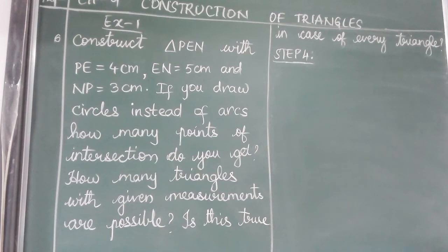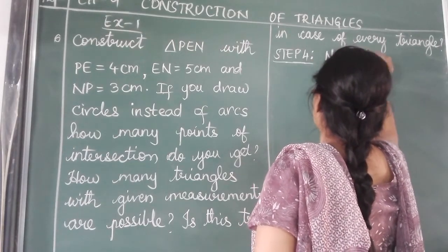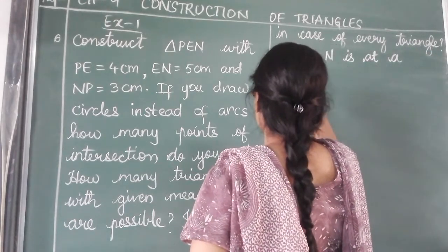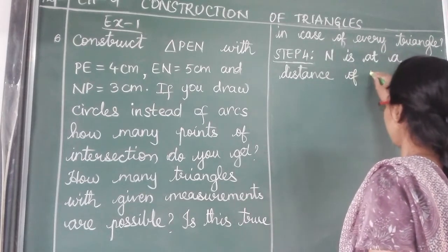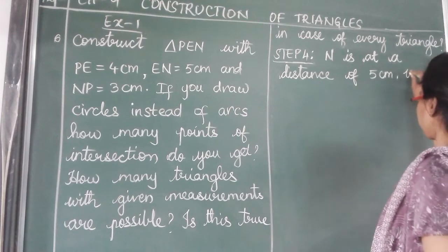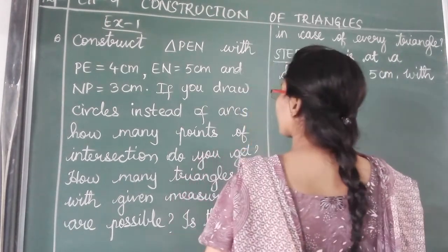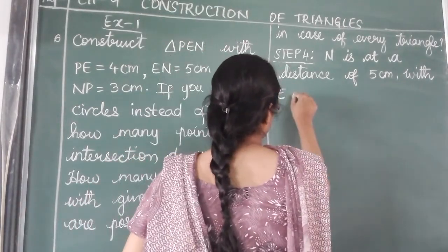Okay, so here, fourth step, what did we do? N is at a distance of 5 centimeters. Okay, so with base we have taken PE with E as the center.